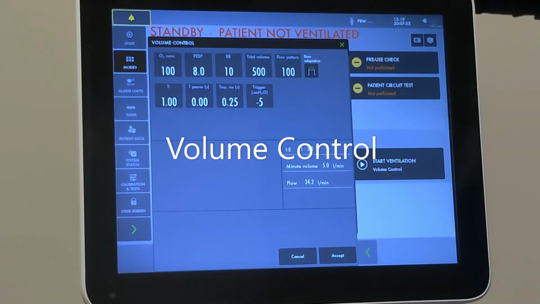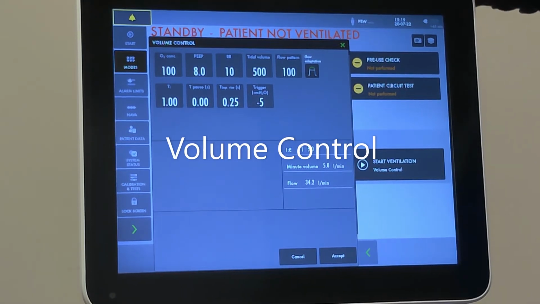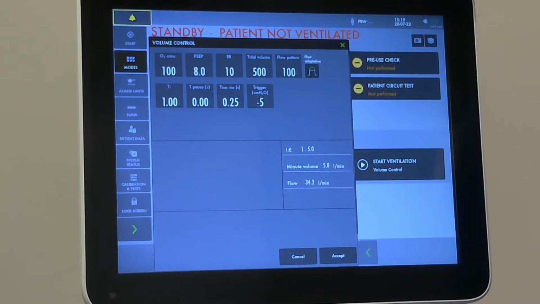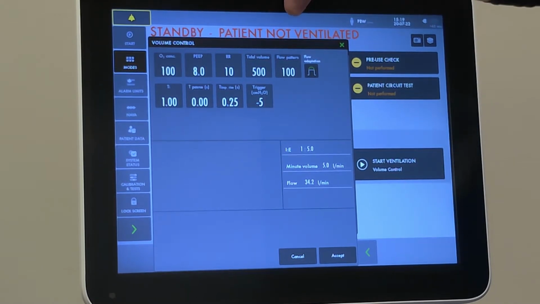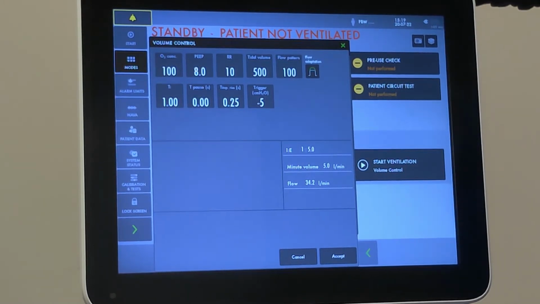Now when we're in this mode, we're setting a target volume, a tidal volume for the patient, and every breath that they take will be that target volume, tidal volume, hopefully. If you're trying to manipulate ventilation in this mode, you want to manipulate your respiratory rate or your tidal volume.